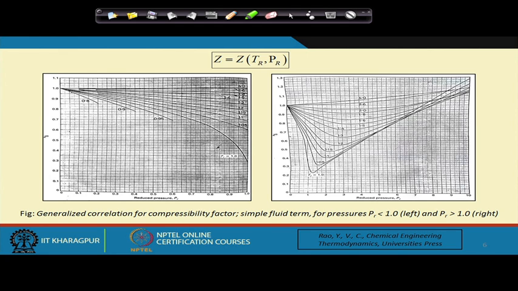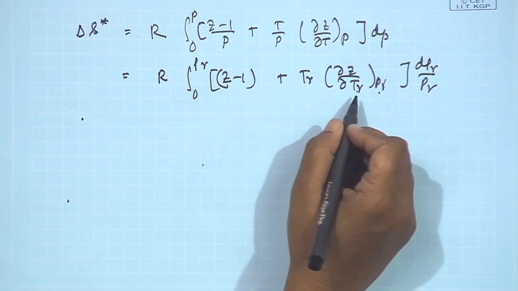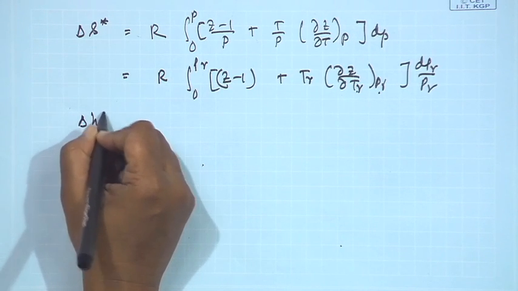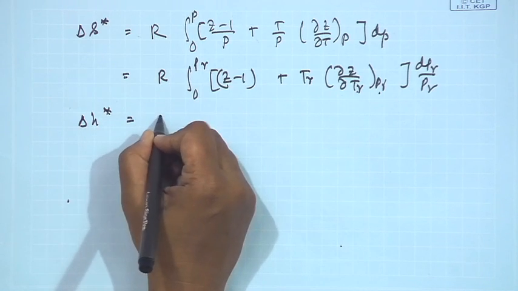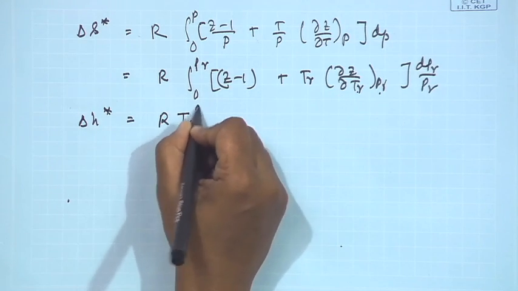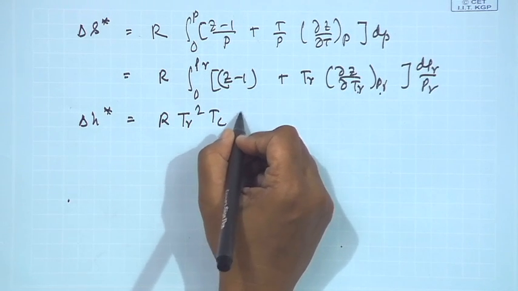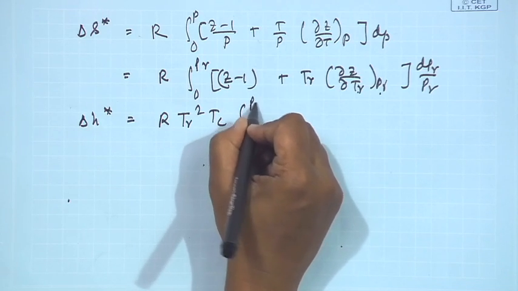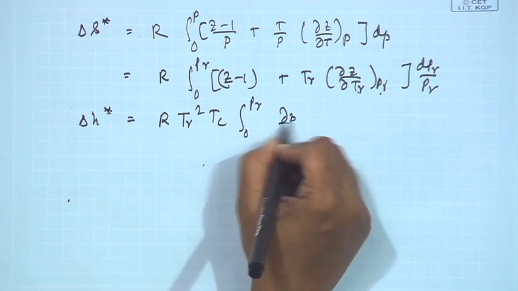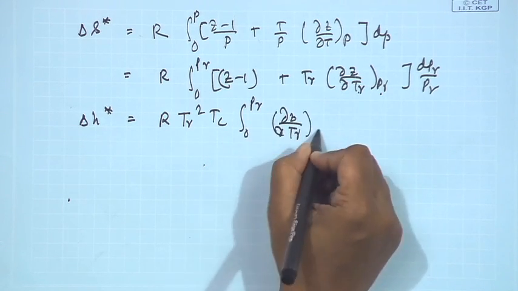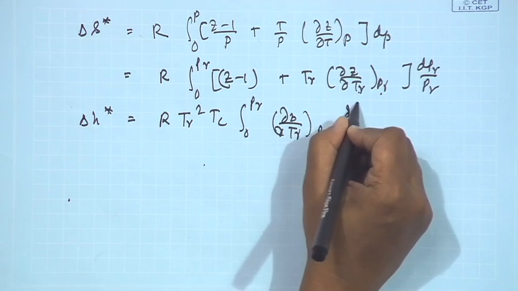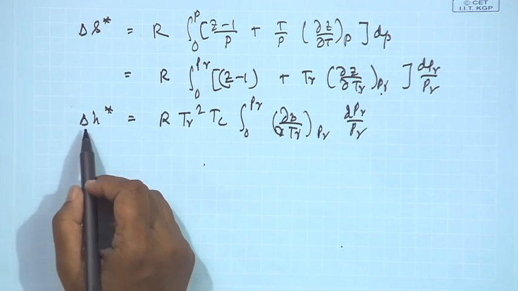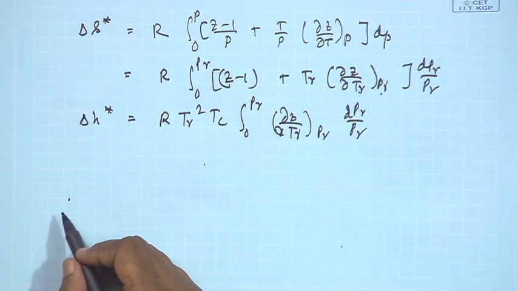But there is something more interesting if you observe the equations that I have written down. The equation for delta S star and the equation for delta H star, I rewrite it just for your convenience. This is integral 0 to PR del Z del TR at constant PR dPR by PR. Observe these equations carefully. What do you find?